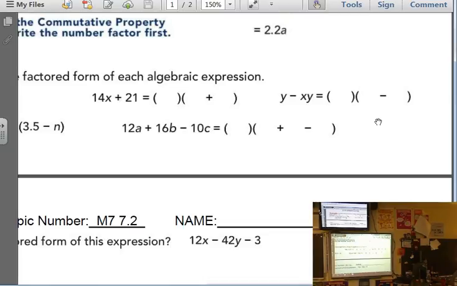So think, what could 14 and 21 both divide by? Can 21 divide by 14? The whole word? No, so think smaller. What x can 21 divide by x? There is no x. Think of just the square. Is there an x in 21?